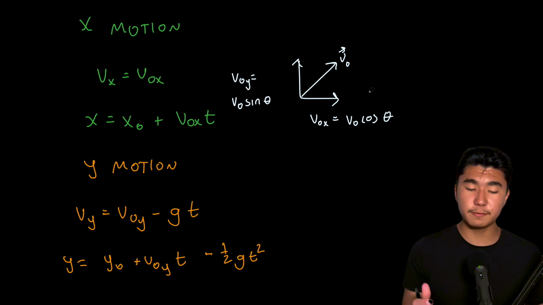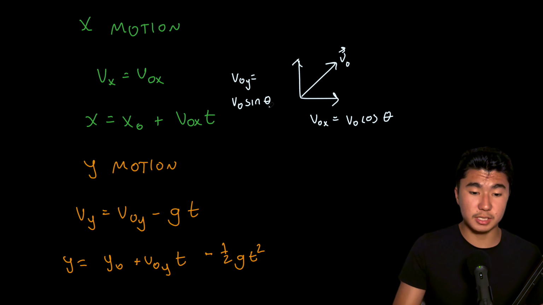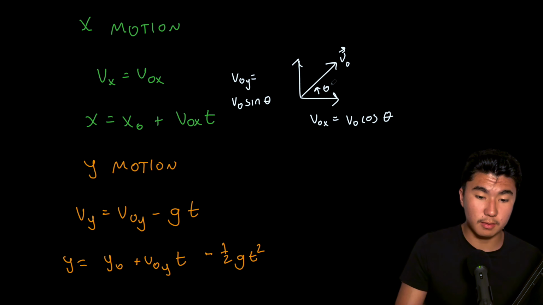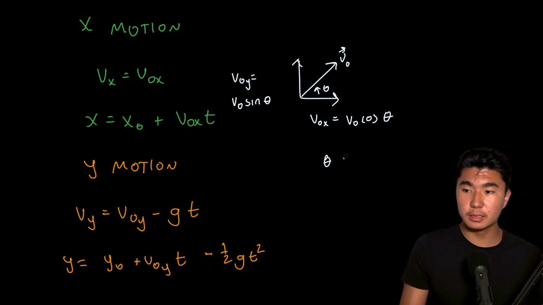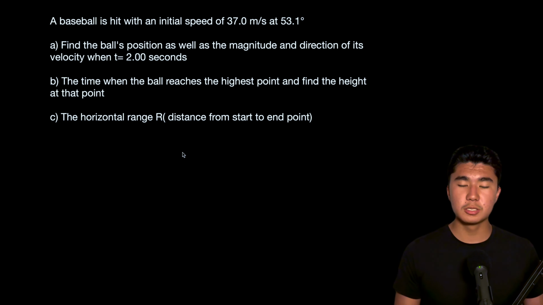And if we wanted to find the direction in which we were moving, if we wanted to find this theta over here, our theta would equal tangent inverse of velocity y over velocity x. So now let's look at a practice problem in projectile motion.